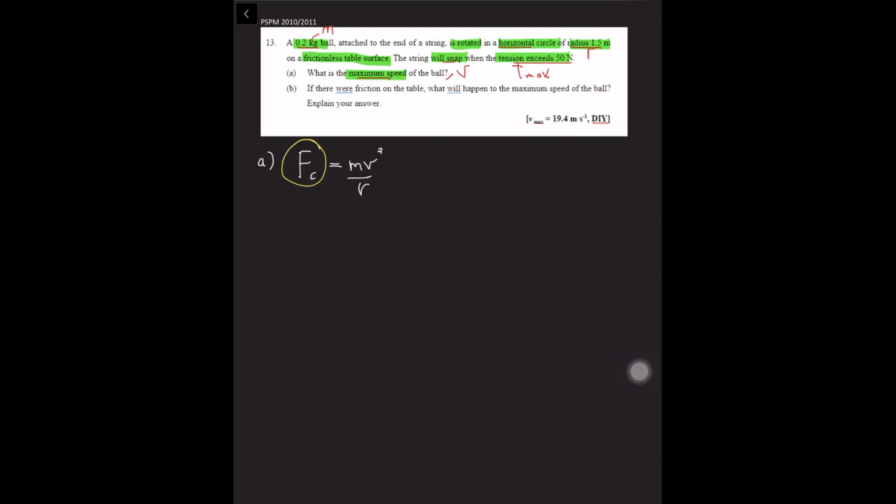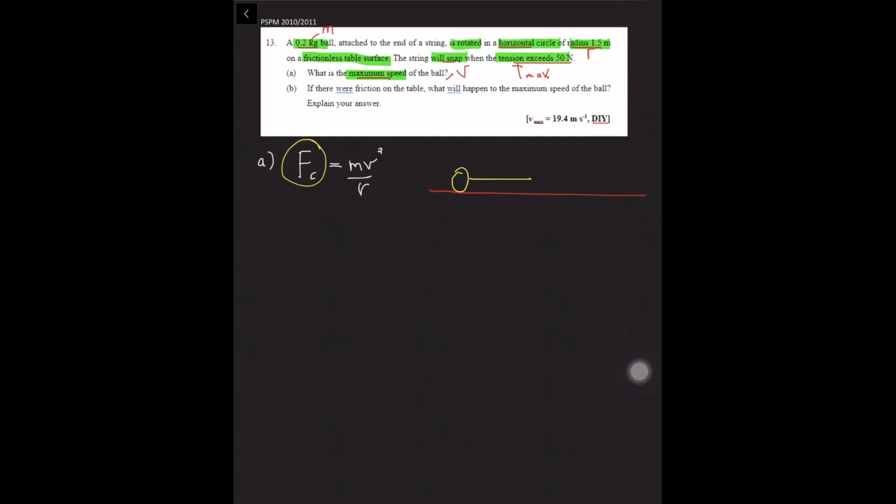Net force. So now we are going to find the force that contributes to centripetal force that can make the ball rotate in circular motion. So we have to draw the diagram. Let's draw the diagram to make it clear and easier for us.